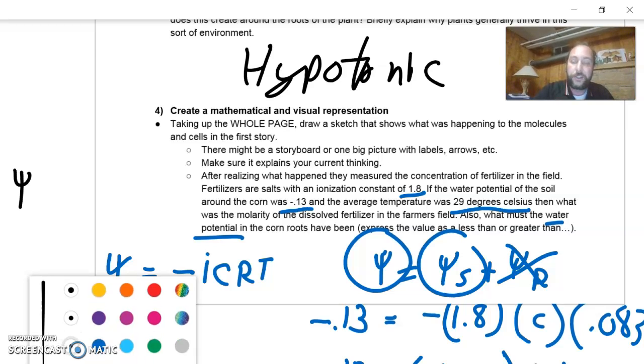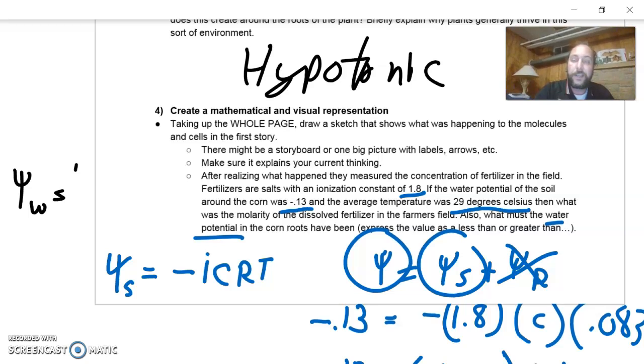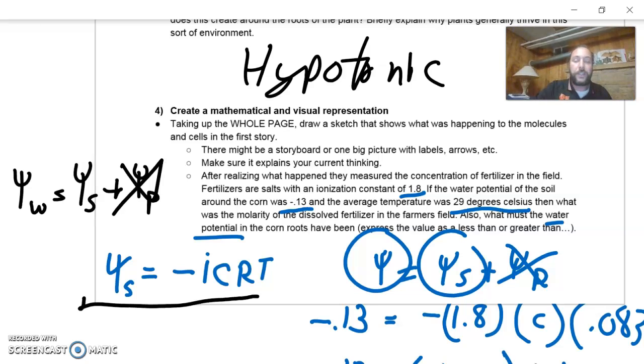The water potential is equal to the solute potential plus the pressure potential. But in an open system like a farmer's field, where there is no additional pressure, we don't have to think about the pressure potential. In that case, the water potential is the solute potential. And we have an equation that's in your equation sheet for calculating solute potential. It's negative iCRT.